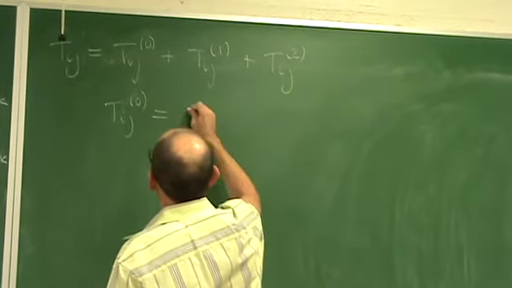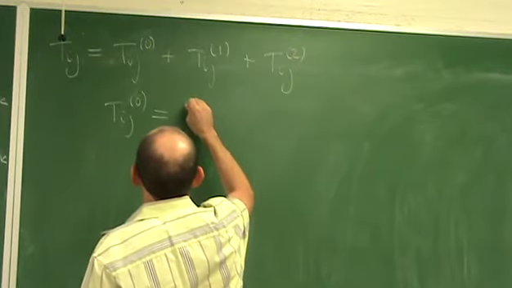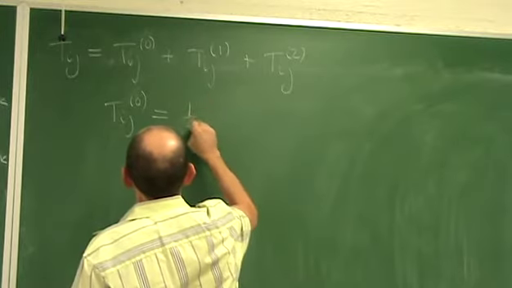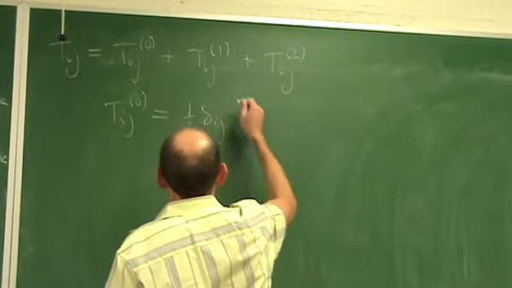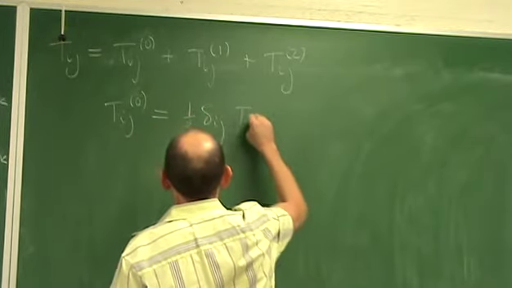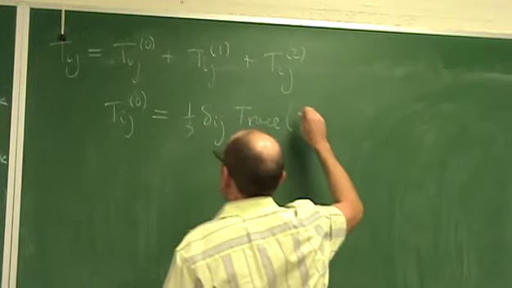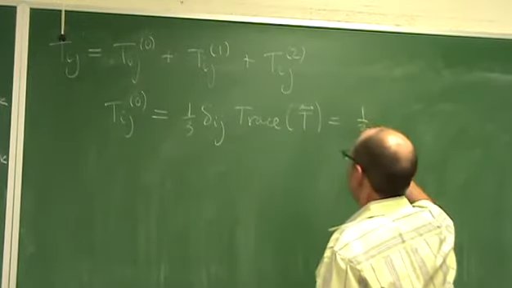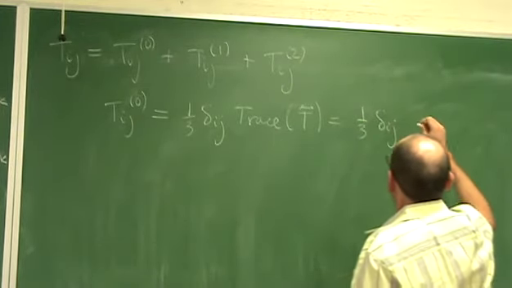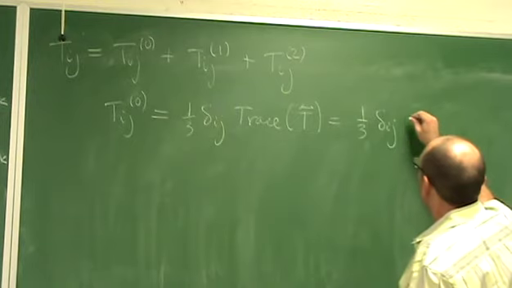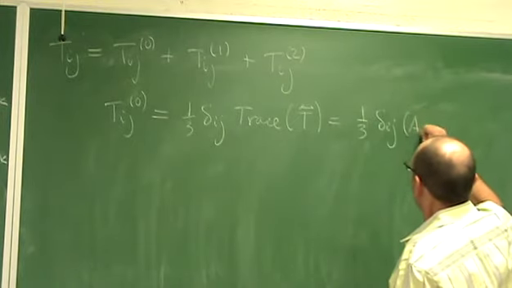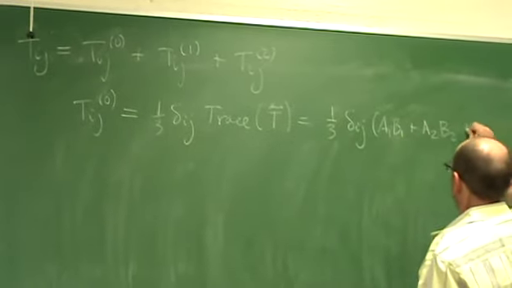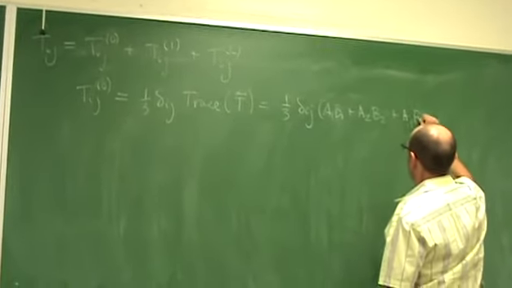This is equal to 1/3 delta ij times the trace of T, which in this case is a1 b1 plus a2 b2 plus a3 b3.